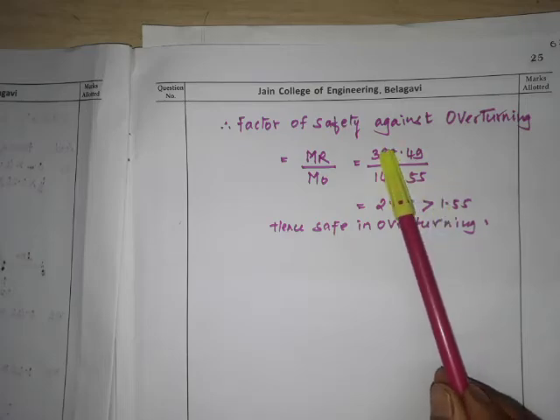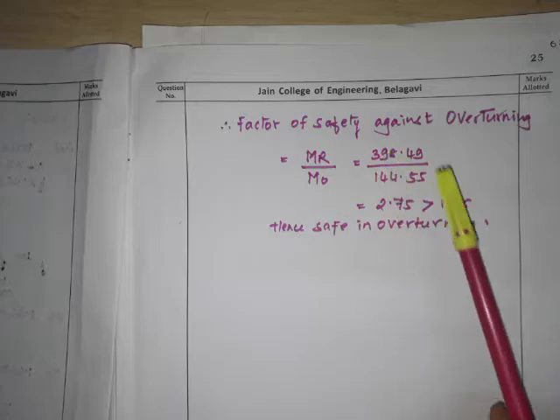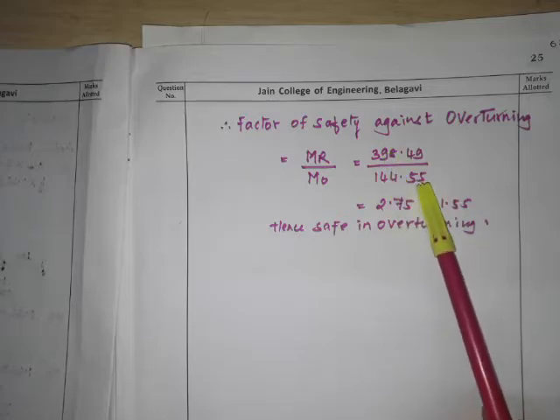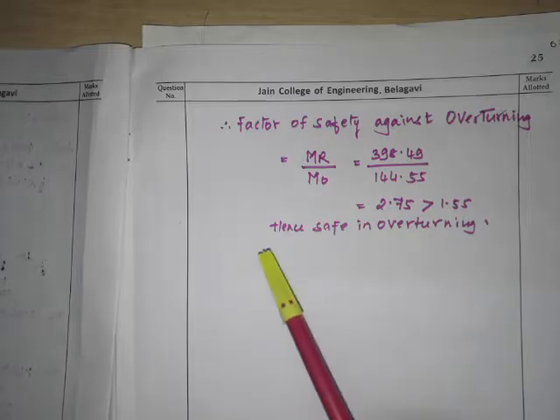It means the moment of resistance is 2.75 times the overturning moment. Correct? So our wall is safe in overturning.